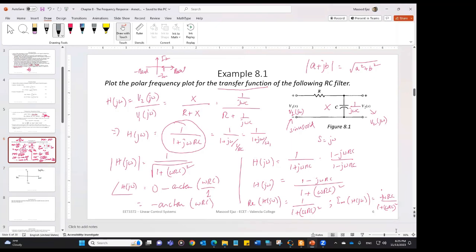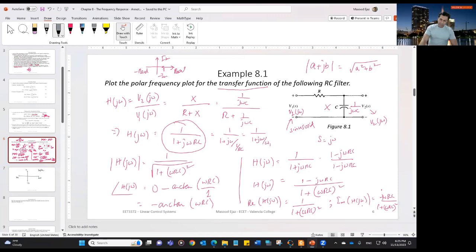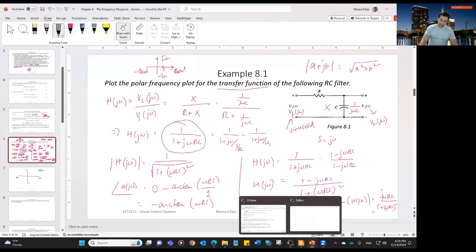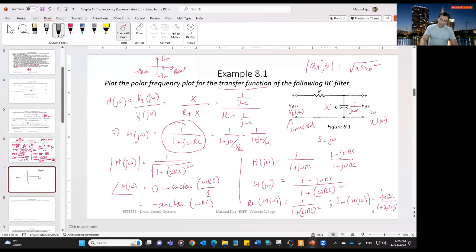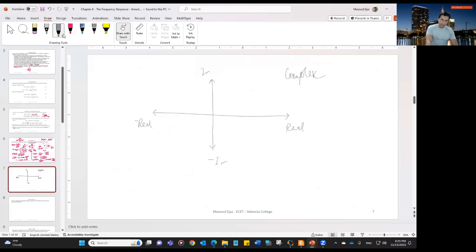The real part is going to be 1, the imaginary part is going to be 0. Or if we look at this, at omega 0, magnitude is 1, and the phase is 0 degrees, since tan of 0 is 0. So we have, let's grab another color.